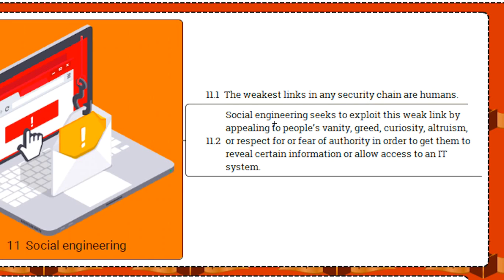Social engineering seeks to exploit this weak link by appealing to people's vanity, greed, curiosity, and respect for or fear of authority in order to get them to reveal their information or to allow access to an IT system. There are a number of social engineering techniques that attackers use.